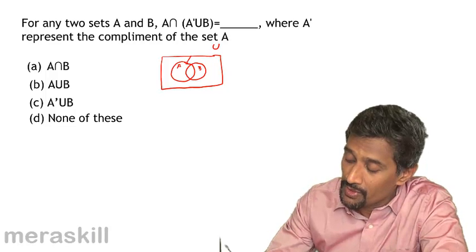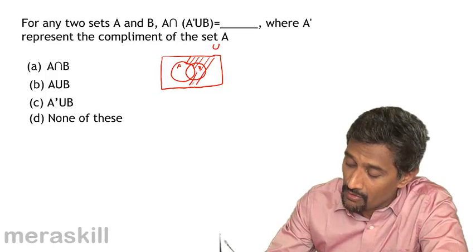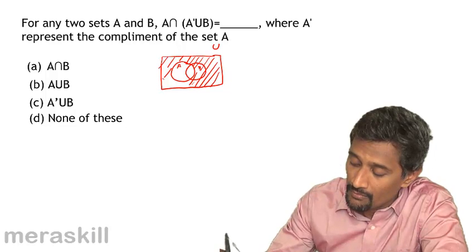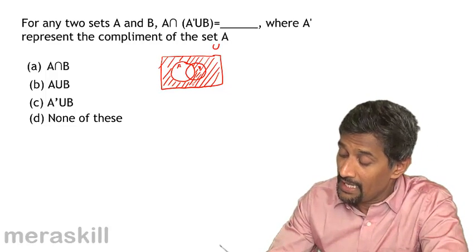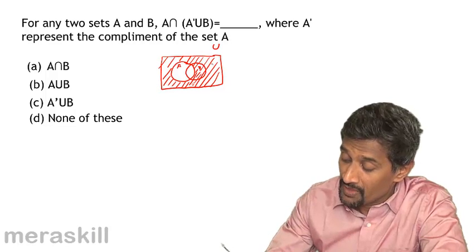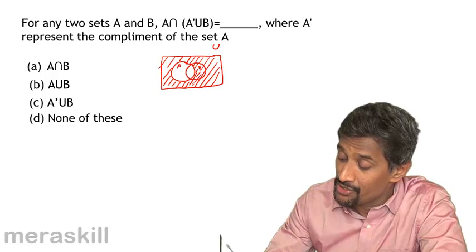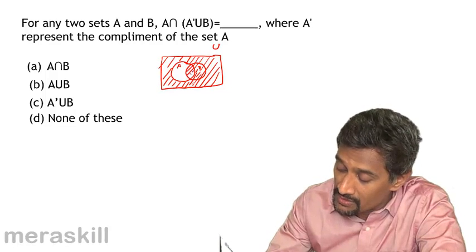Suppose this is A and this is B. A dash is going to be all that is in the universal set but not in A, so it includes even part of B. Now A intersection (A dash union B): this is A dash, and unite this with B, so it also includes this.